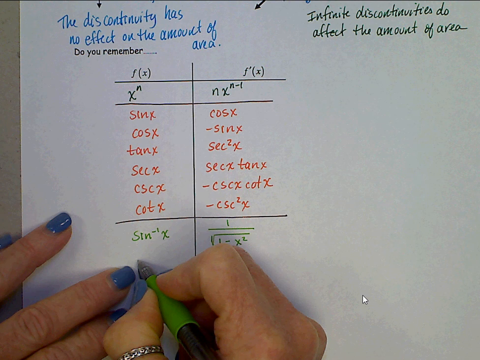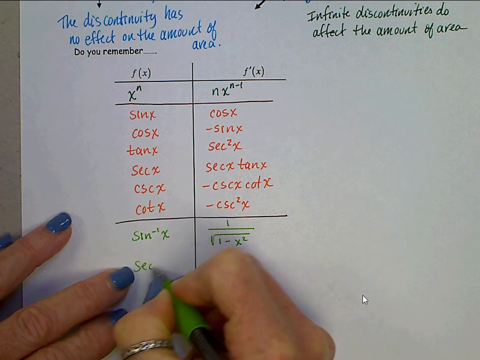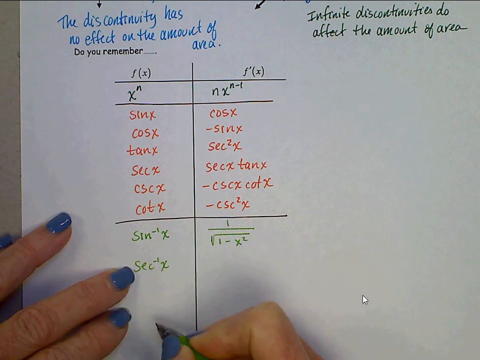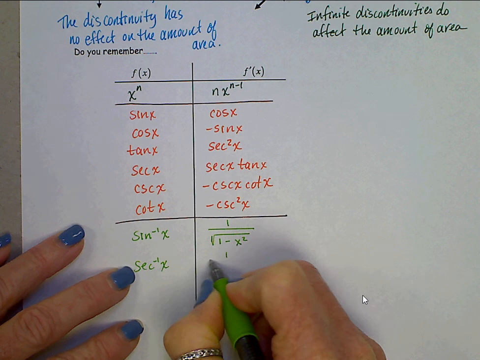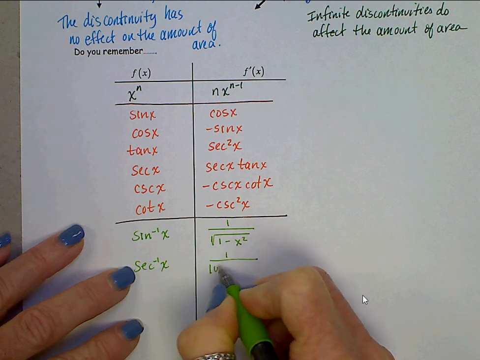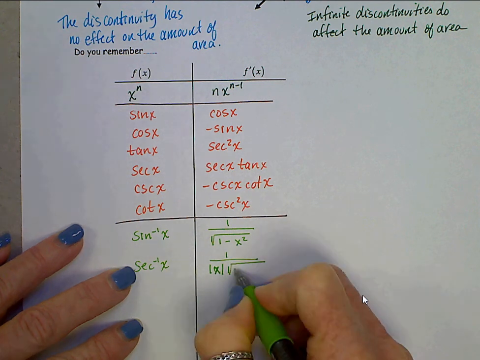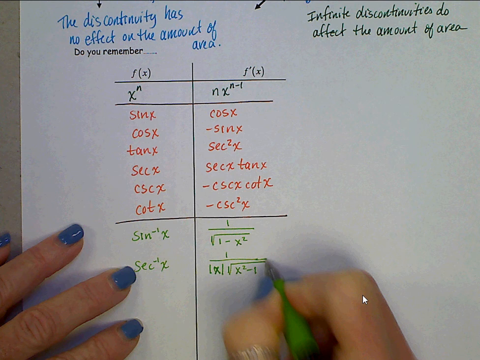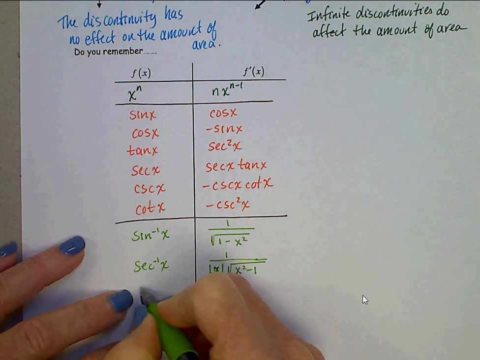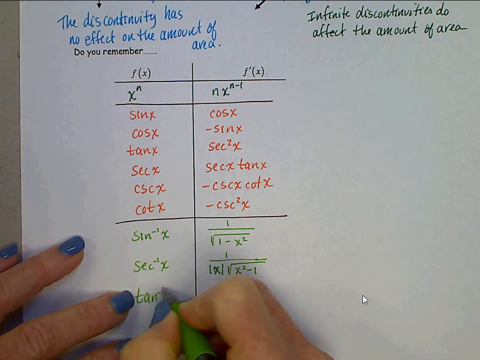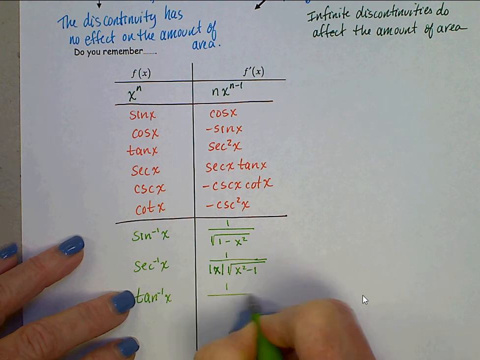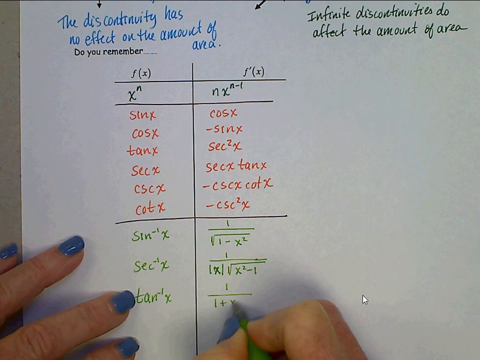The derivative of inverse secant is 1 over the absolute value of x, square root of x squared minus 1, and the derivative of inverse tangent is 1 over 1 plus x squared.